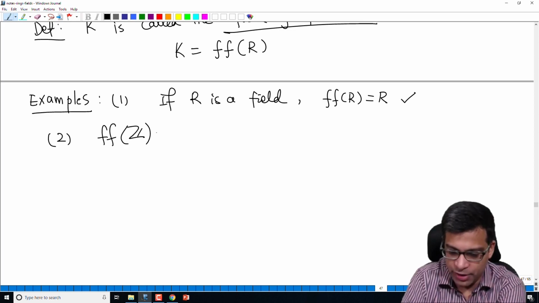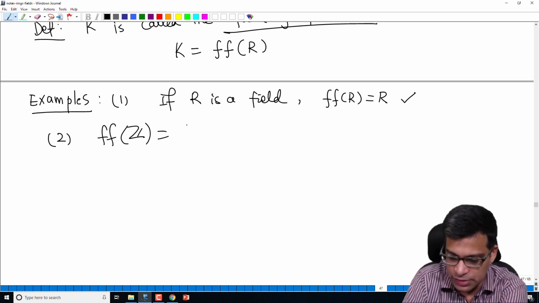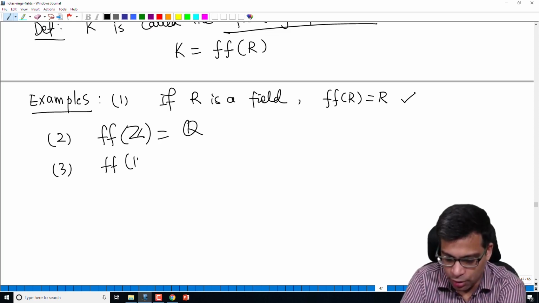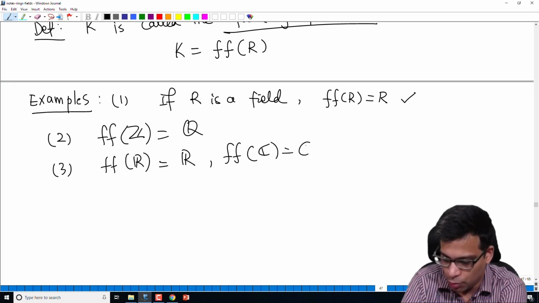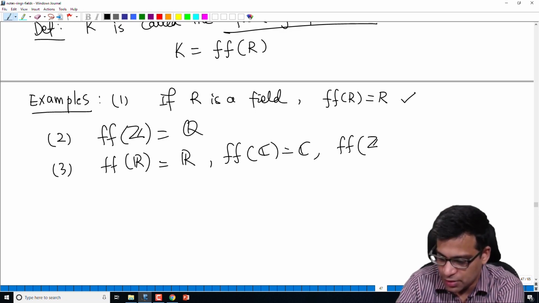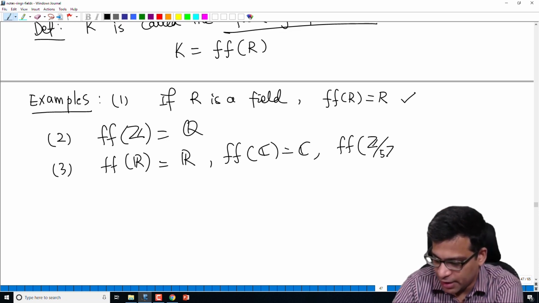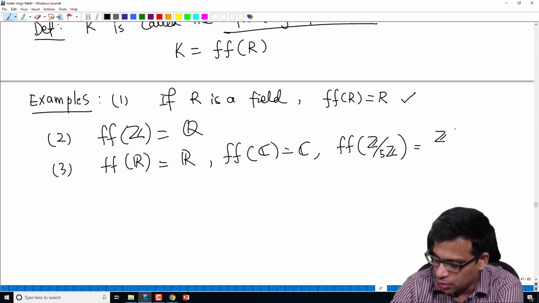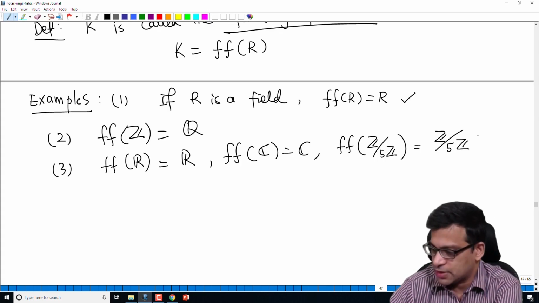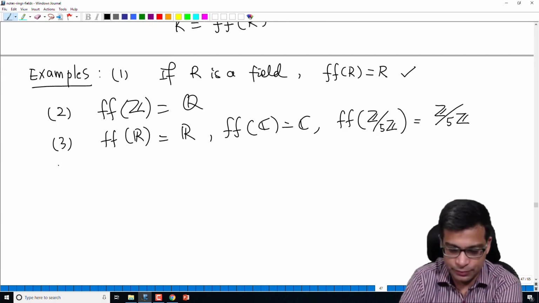And the model that I mentioned, the field of fractions of Z is of course Q. And following the first example, the field of fractions of R is R, the field of fractions of complex numbers is complex numbers, the field of fractions of Q is Q. What is the field of fractions of Z mod 5Z? Z mod 5Z, remember, is already a field, so it's equal to itself.